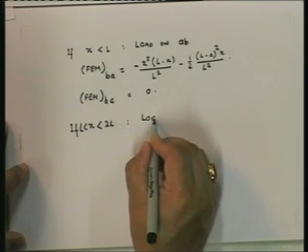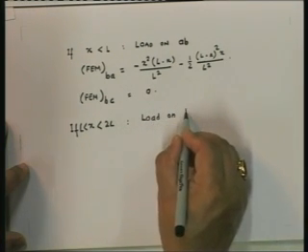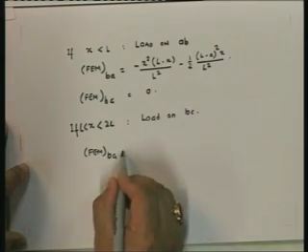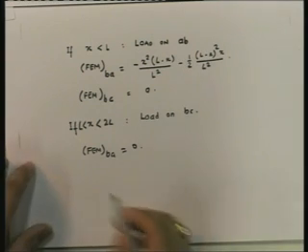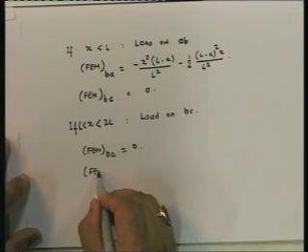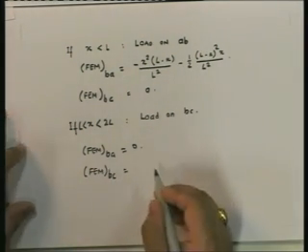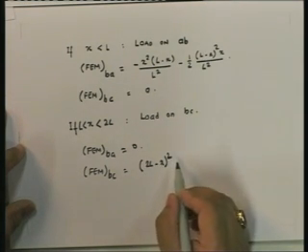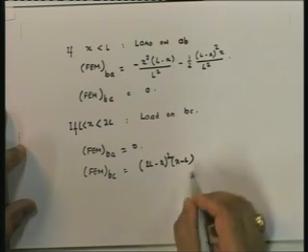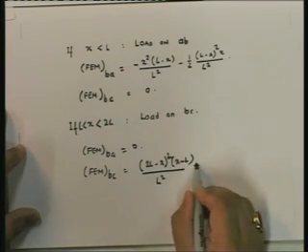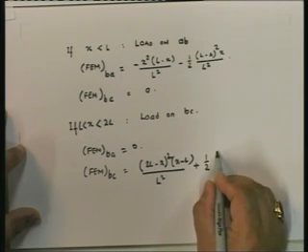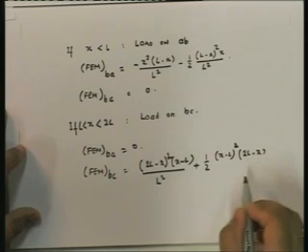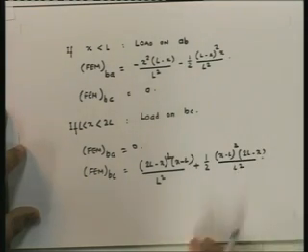If x is between L and 2L, that is, load on BC, then the fixed end moment BA is equal to 0, and the fixed end moment BC is equal to (2L minus x) the whole squared (x minus L) upon L squared, plus half (x minus L) the whole squared into (2L minus x) upon L squared.